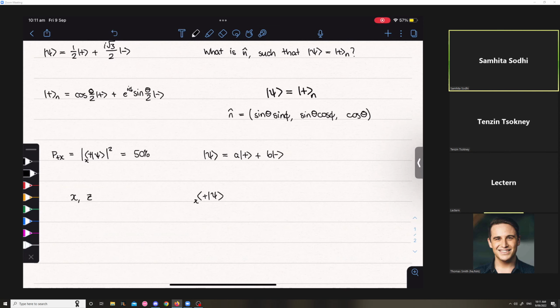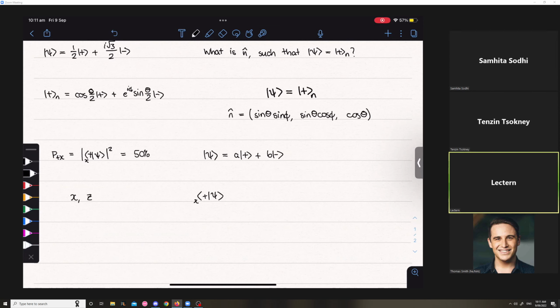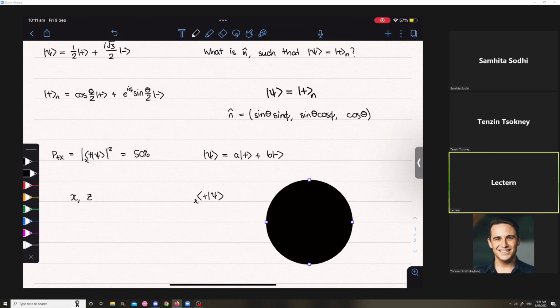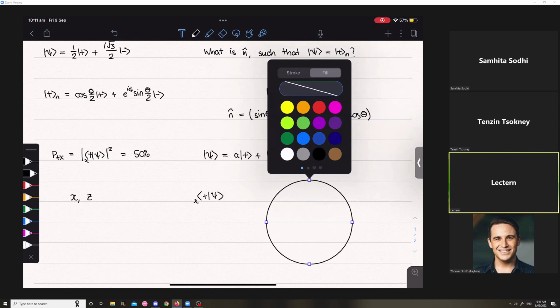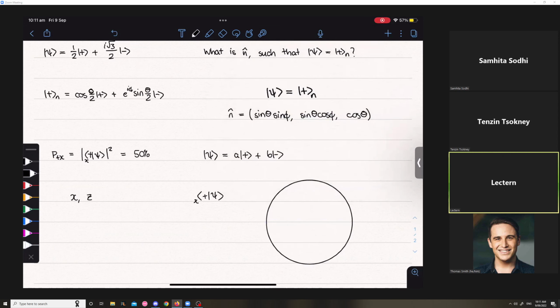Right. Okay. Another way of thinking about this is on the Bloch sphere picture. This might be less obvious, so I'll just say it, but if it doesn't make sense, don't worry too much about it.